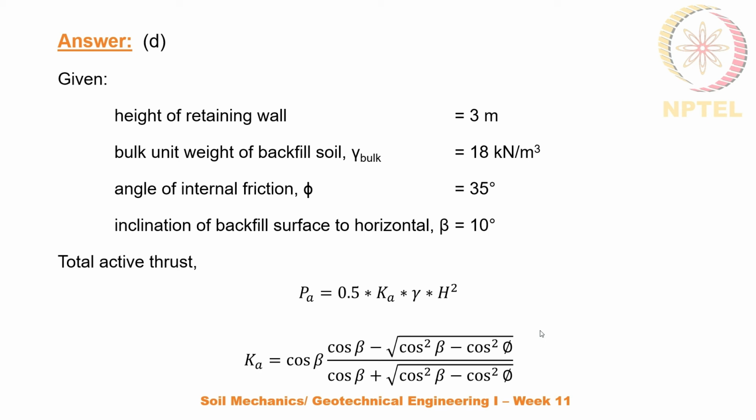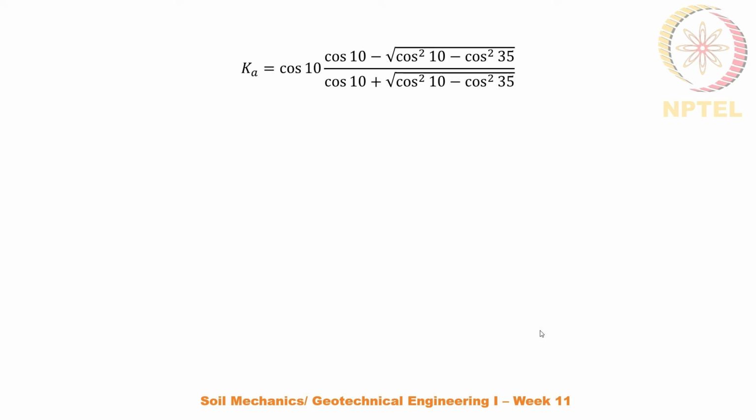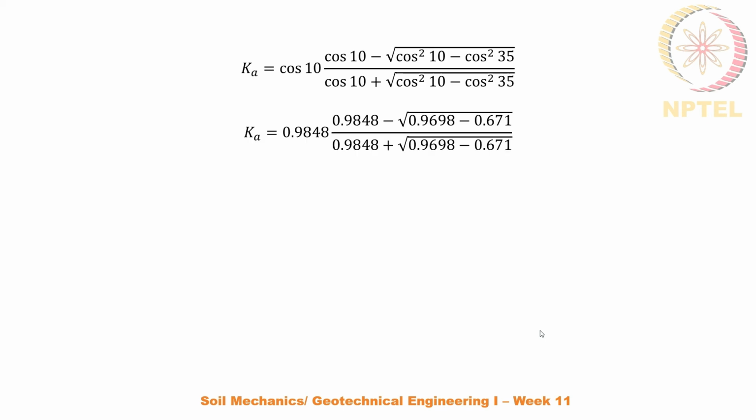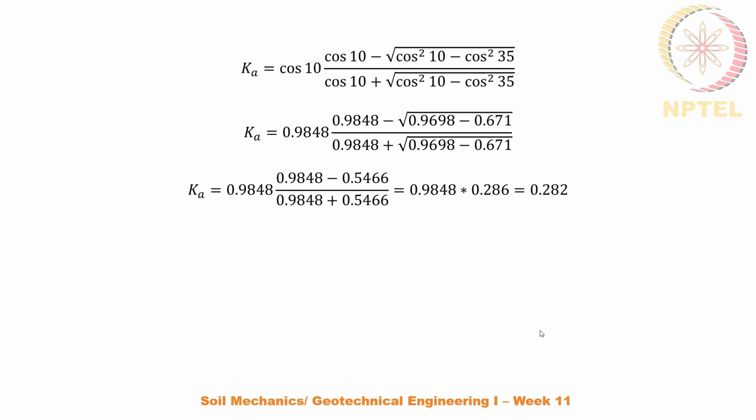Substituting the values for beta and phi, we have Ka equal to 0.9848 into 0.286, which is equal to 0.282.